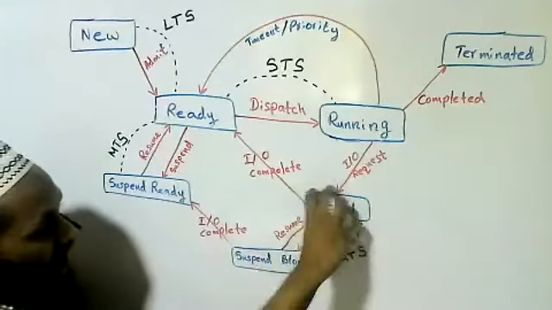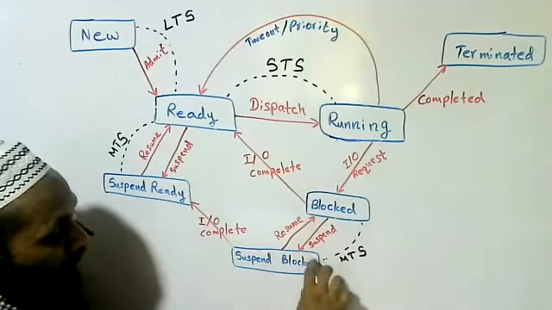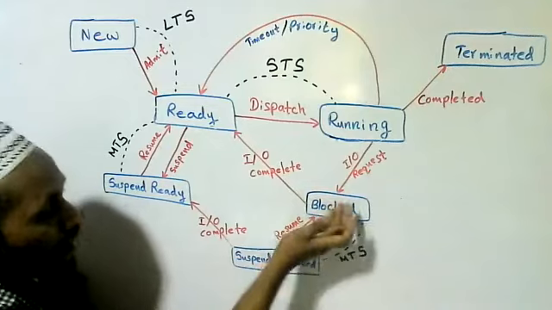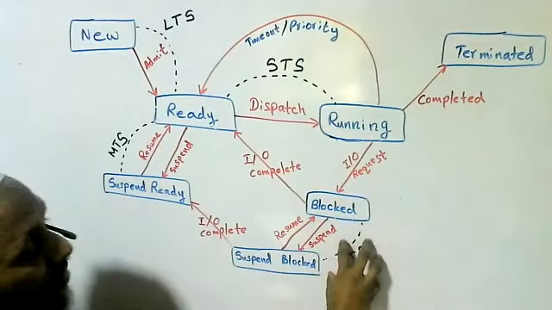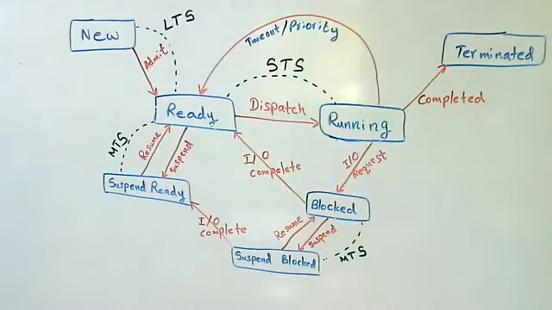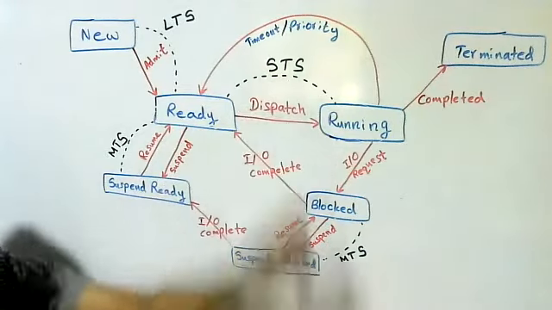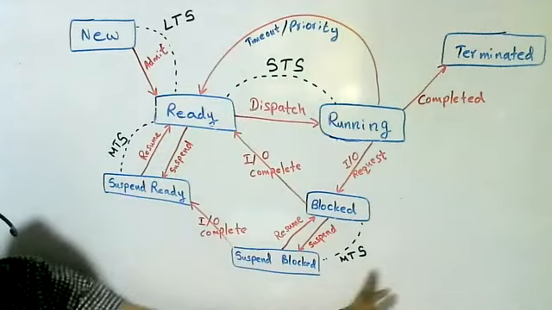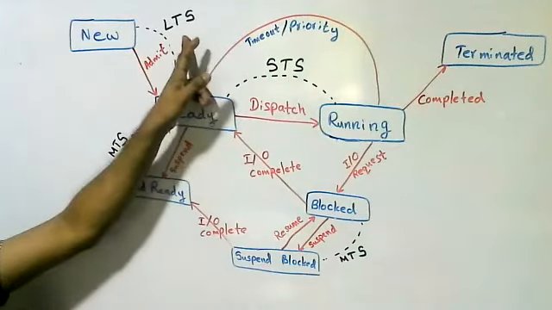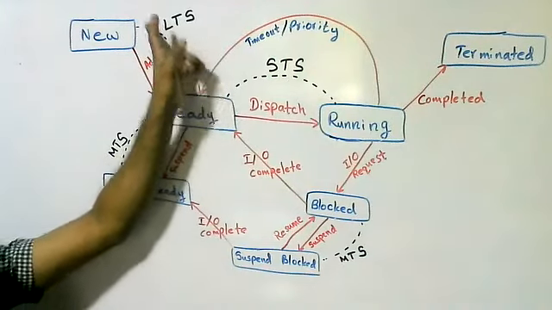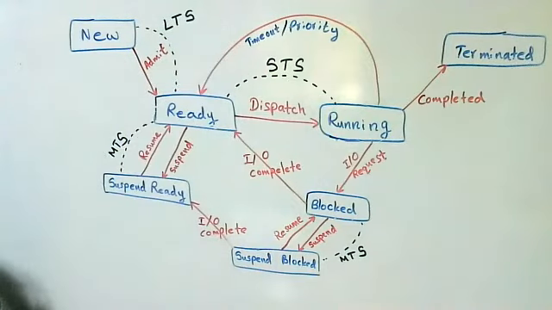If there is enough space in main memory, suspend blocked processes again resume to the block state. So the frequency is middle. So here higher frequency means short-term scheduler. Here medium frequency, mid-term scheduler. Here very low frequency, therefore long-term scheduler.